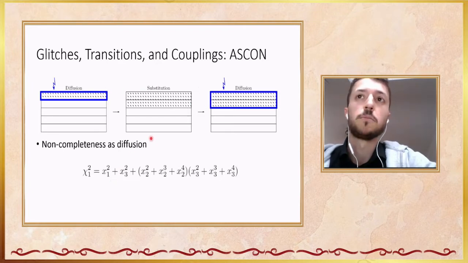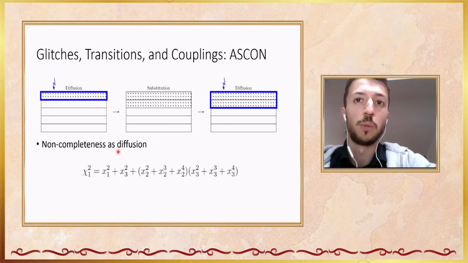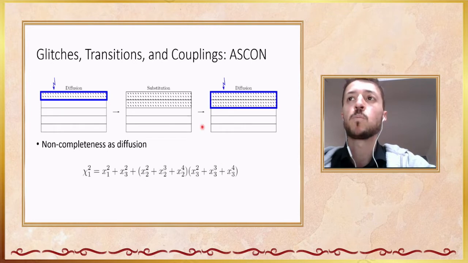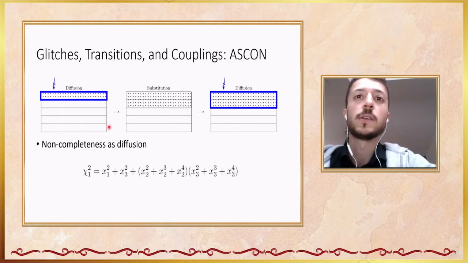We find that because the S-box from ASCON is quadratic, we can easily find non-complete sharings. If you use something like 4 shares, which is the minimum number of shares you need for uniformity and non-completeness, then you can see that this non-completeness can act as diffusion.